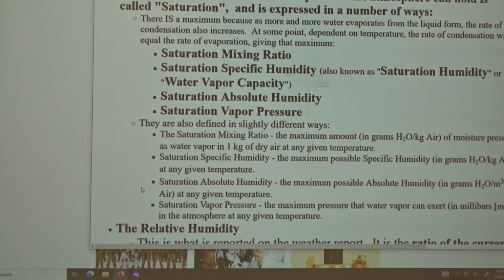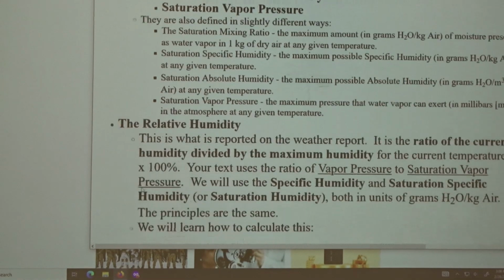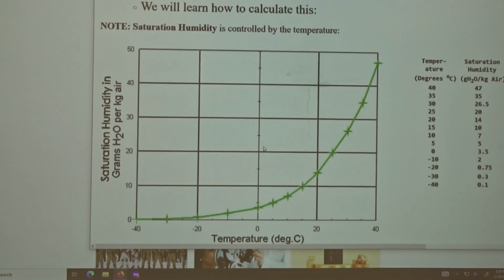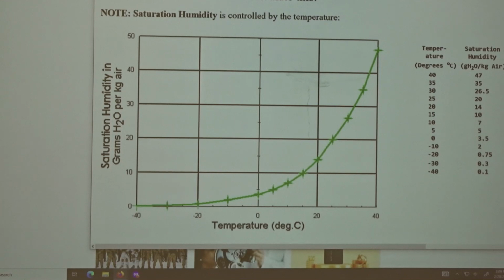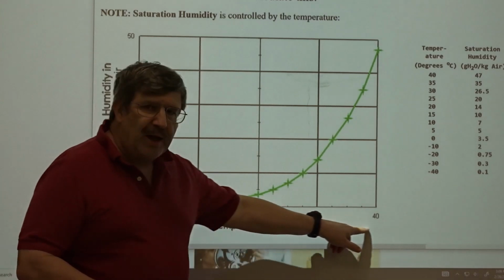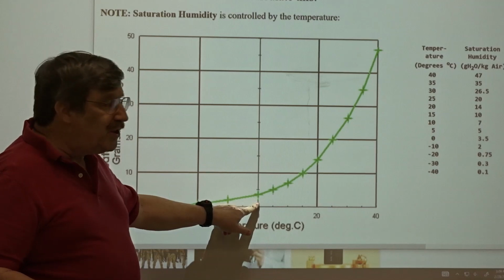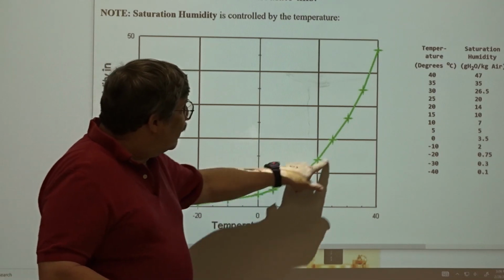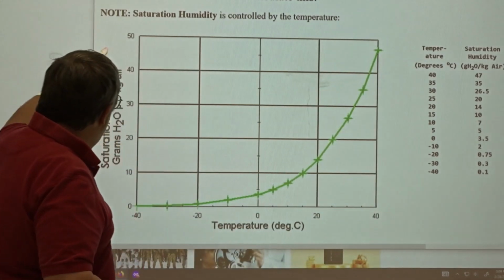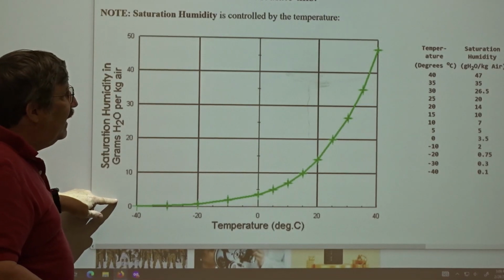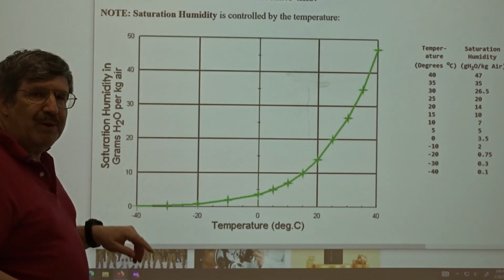And again, we're going to be looking at the saturation specific humidity. This right here is a graph of the saturation specific humidity. And notice that temperature is on this axis. This is in Celsius degrees. So 0 degrees, that's freezing. The saturation specific humidity increases as temperature increases.